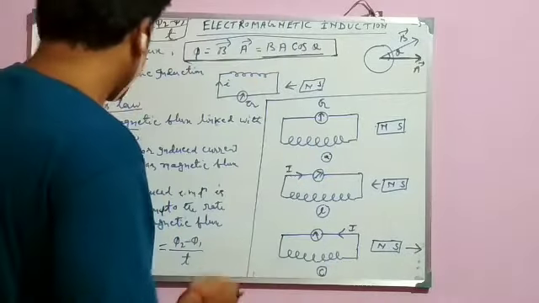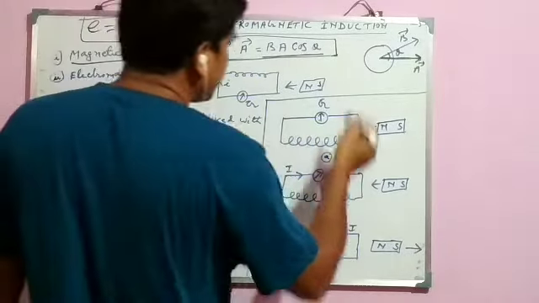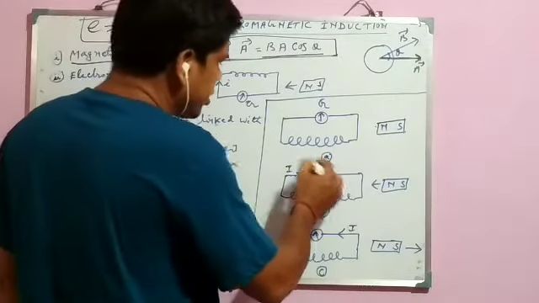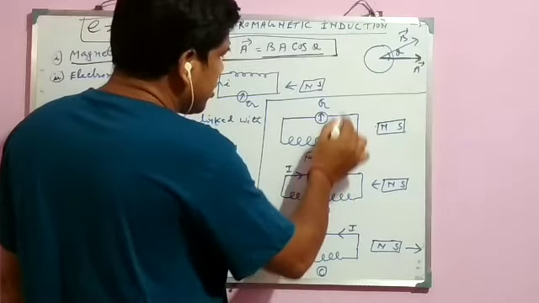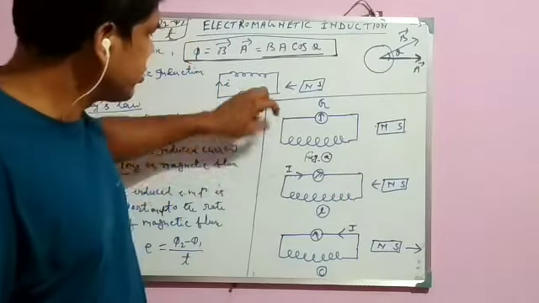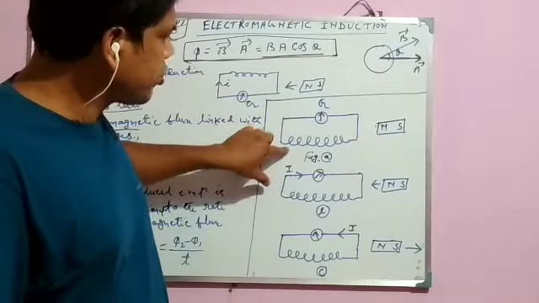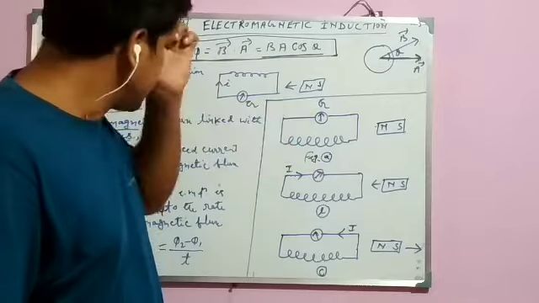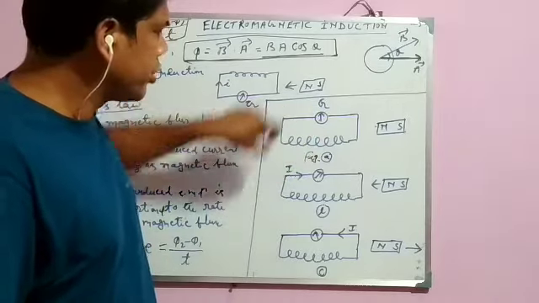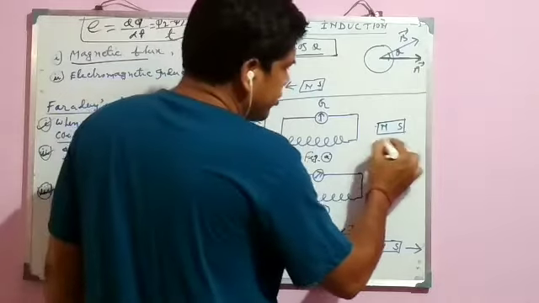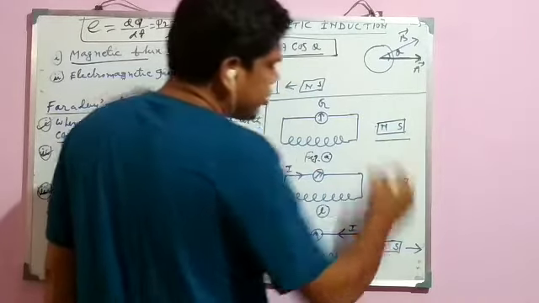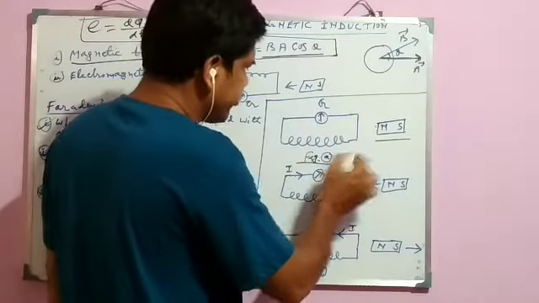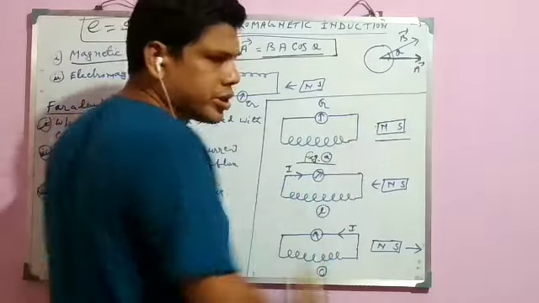Now, experimentally, how did Faraday demonstrate this? See in figure 1, this is figure A. It consists of one coil and one galvanometer, G indicating the galvanometer. It is connected and closed. Now if we place a bar magnet with north pole and south pole like this, as shown in figure A, both are stationary.